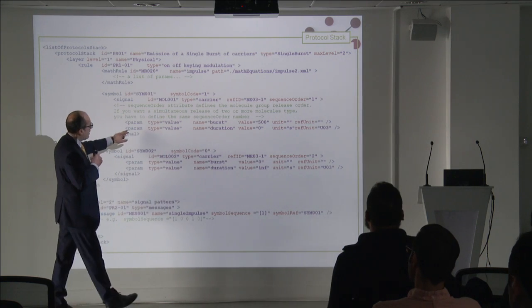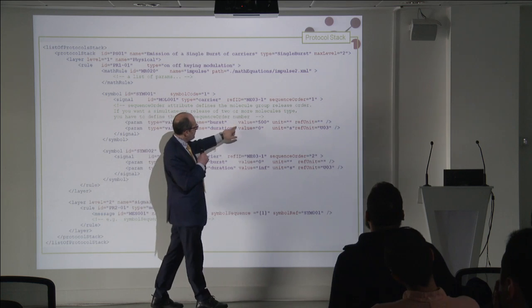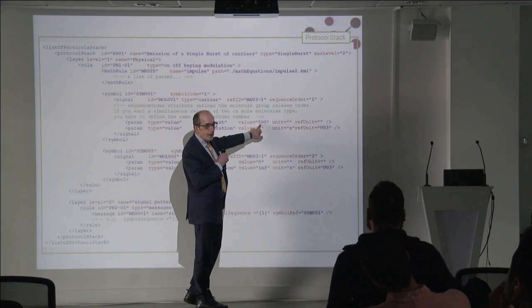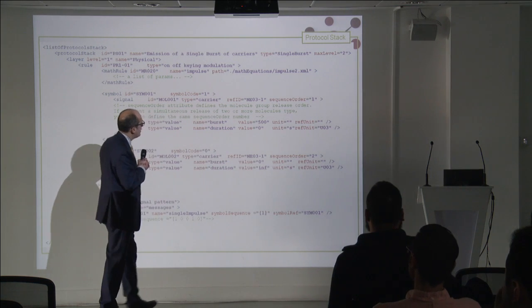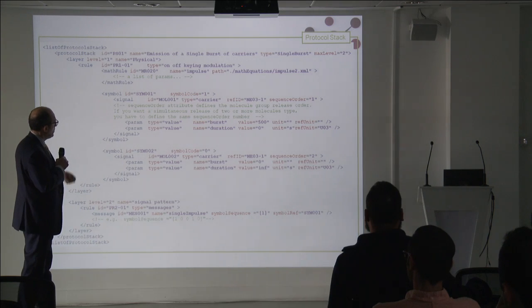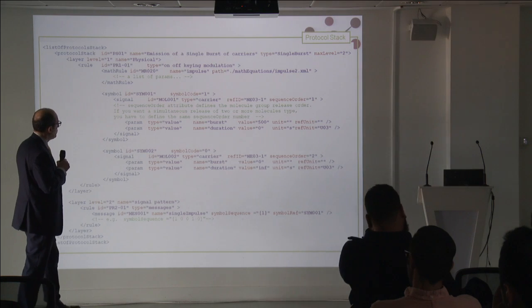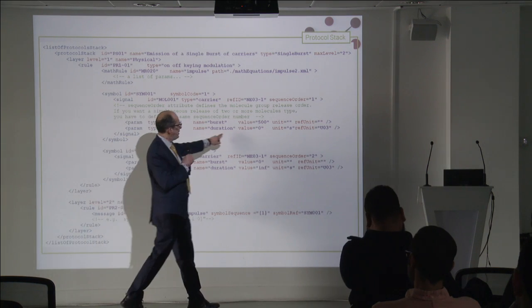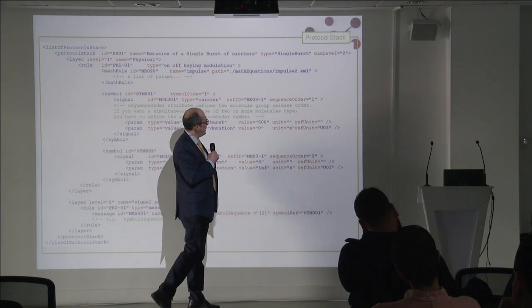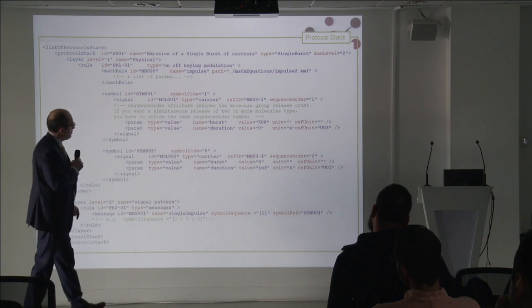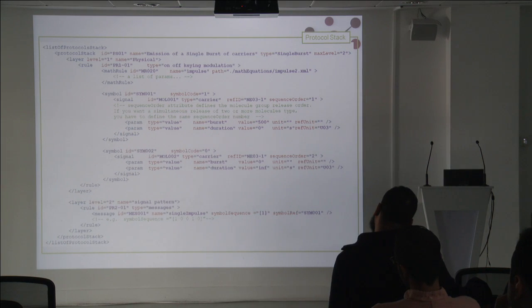It consists of a burst of 500 particles transmitted by the transmitter when a symbol 1 has to be transmitted. The duration of the symbol here is 0. It means that the carrier, the burst, is immediately transmitted when a symbol has to be transmitted.